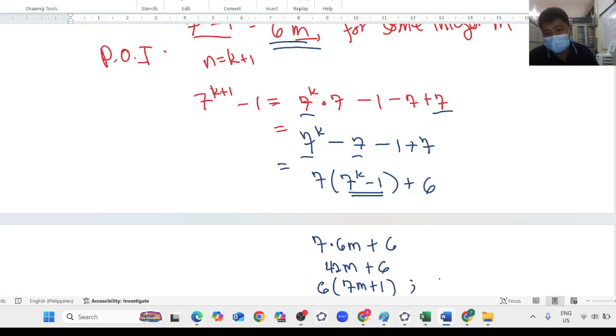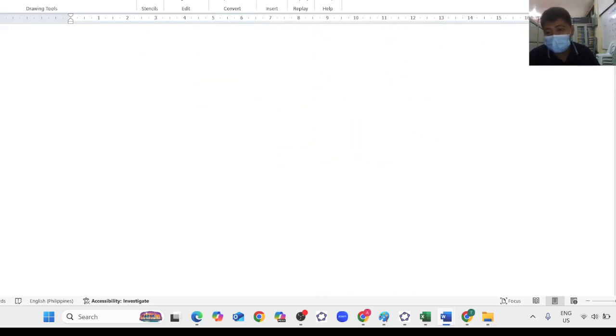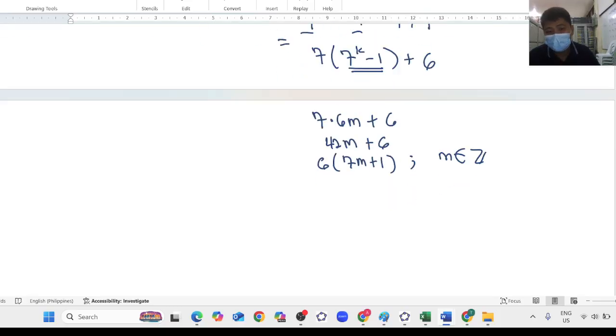And since yung m is an element of integer, therefore this one is also an element of integer. Thus, that is true for all n greater than or equal to 1, which is divisible by 6. Okay?